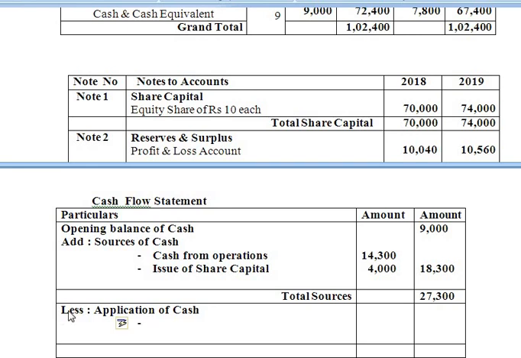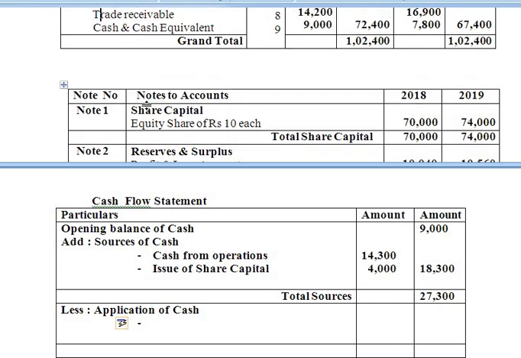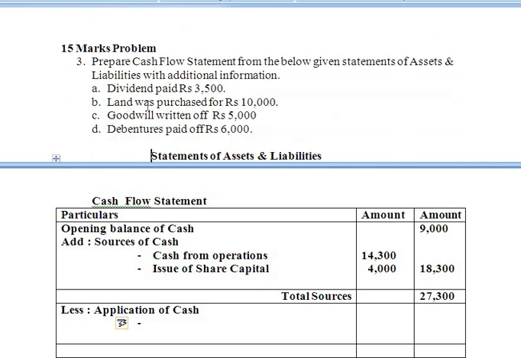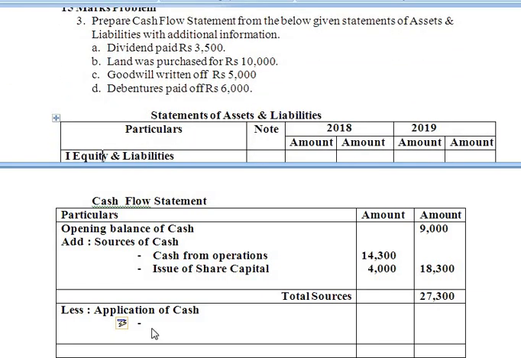So tell me which all applications or uses of cash are there. Now again we need to check with the adjustment. Okay, so the first one is dividend paid. So take here dividend paid. What is the amount of dividend? 3,500.